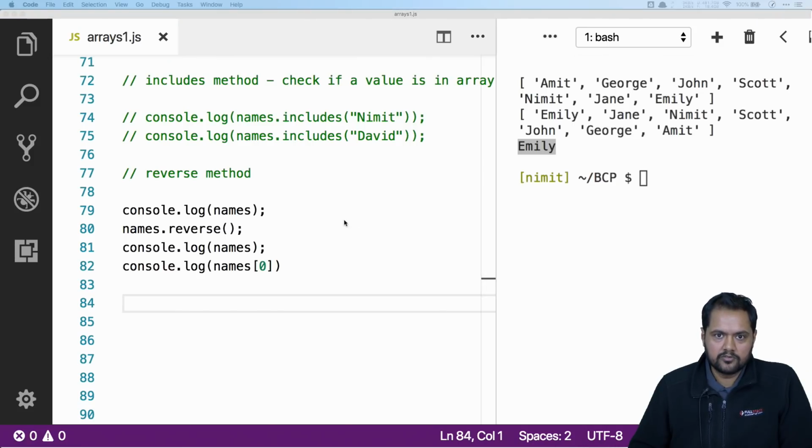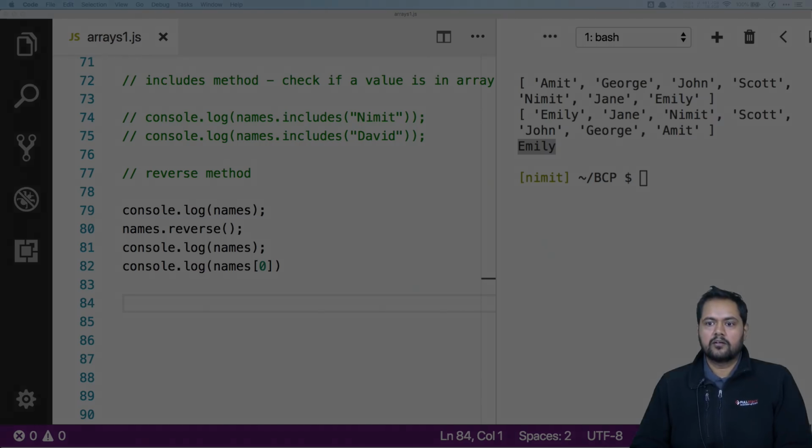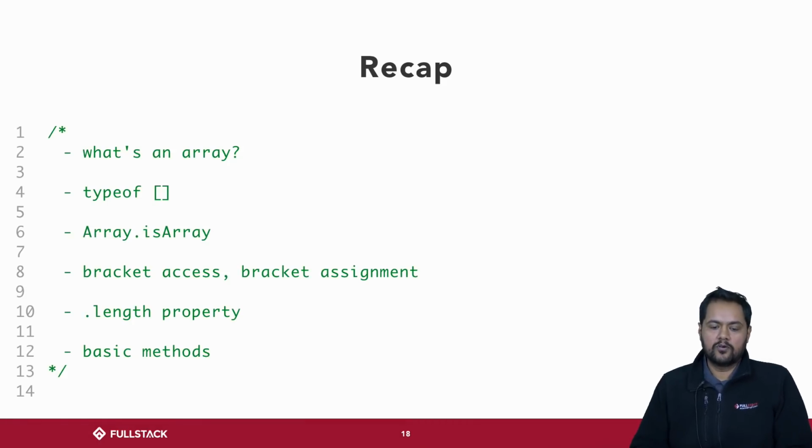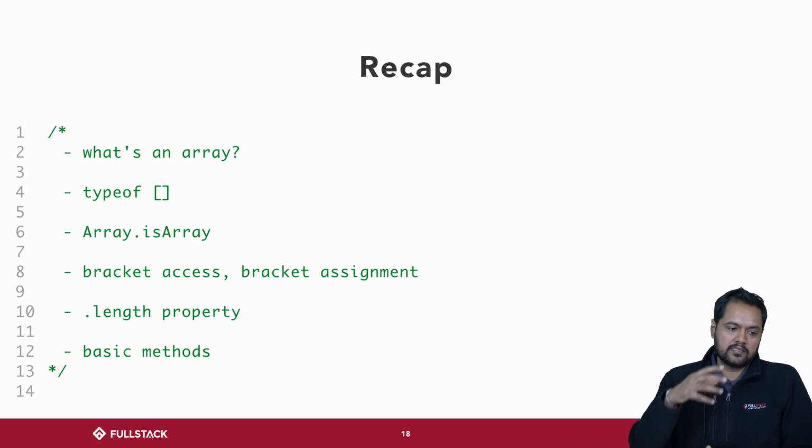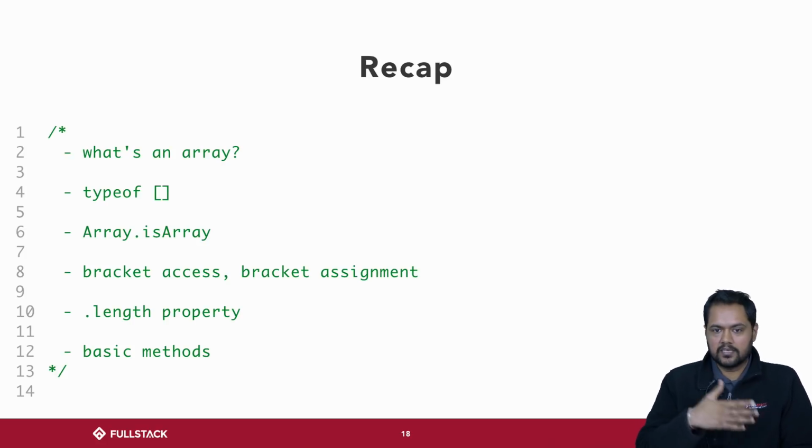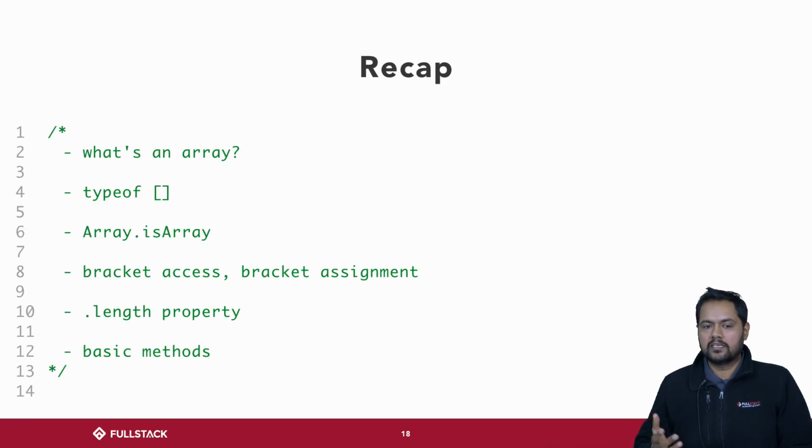Let's do a quick recap of what we've looked at so far. We talked about what an array is. We talked about the fact that typeof array returns object, and that Array.isArray is the right way to check if something is an array. We looked at bracket access and bracket assignment, so how to access the value at a certain index and get the value out at that index.